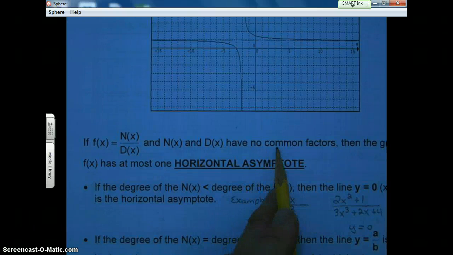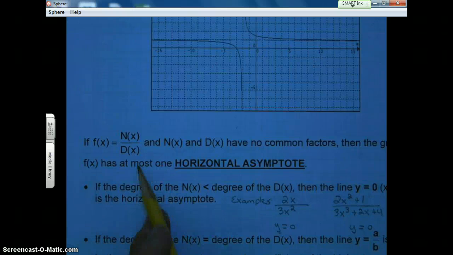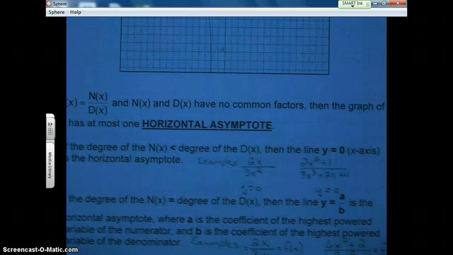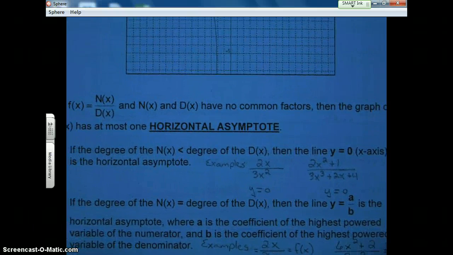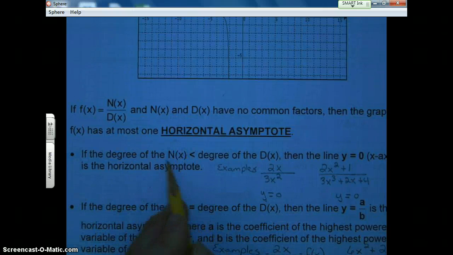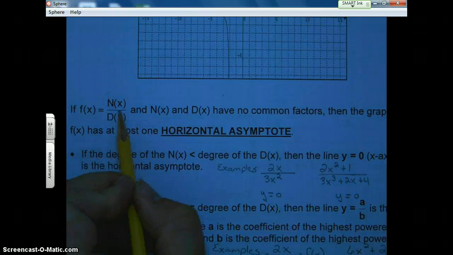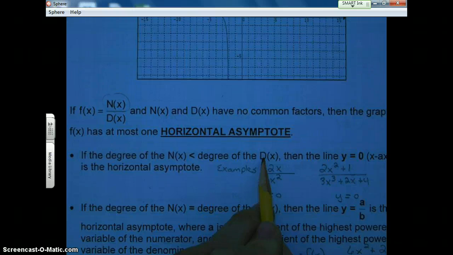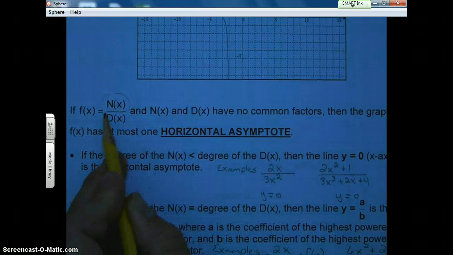So there's 3 rules that you need to know.